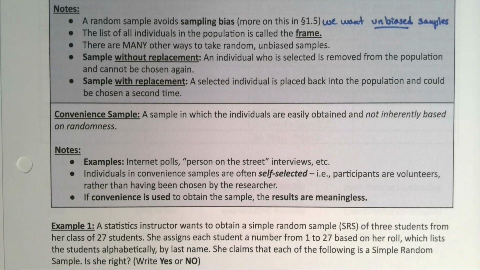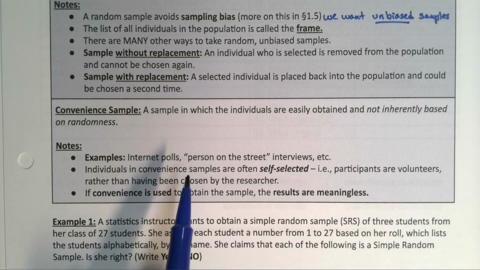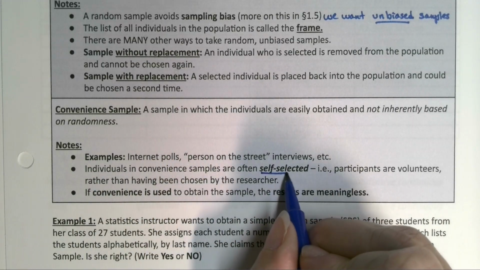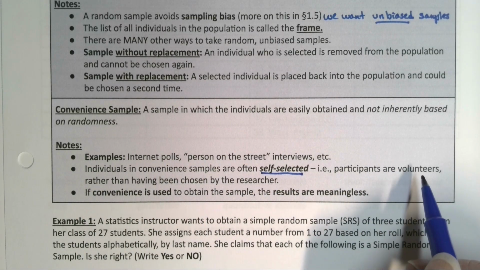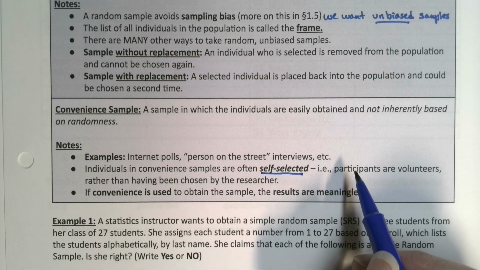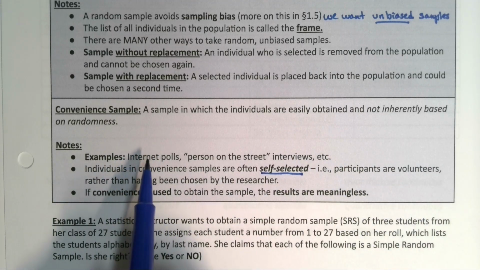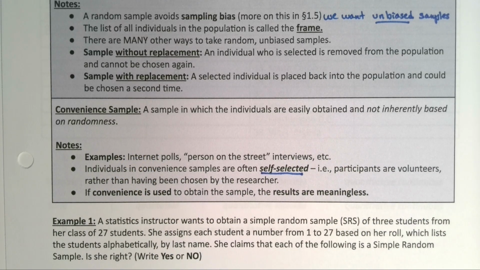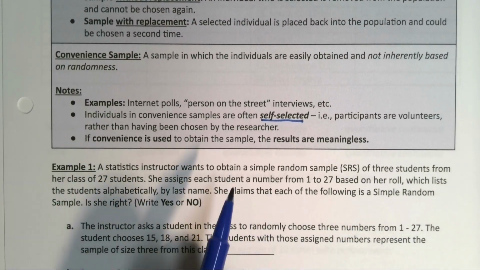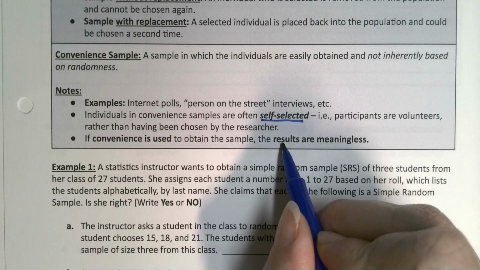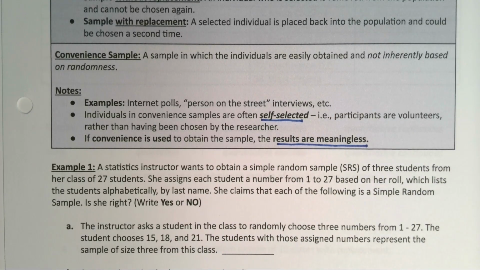But again, it might be fine for what they're trying to accomplish. Individuals in convenience samples are often self-selected. They volunteer, right? They choose to participate, particularly for things like internet polls or vote for your winner of this particular game show. If convenience is used, then the results are statistically meaningless. It doesn't change the fact of who won whatever show you're on or watching, but statistically speaking, that doesn't mean a lot.